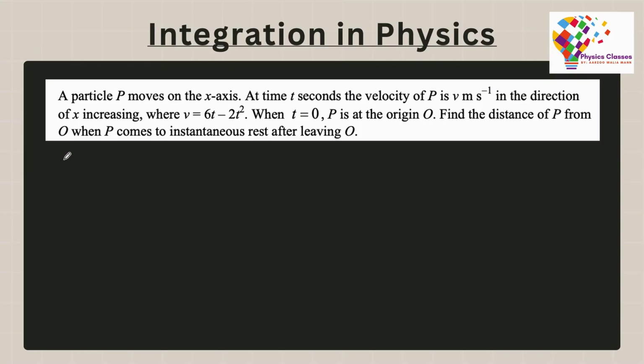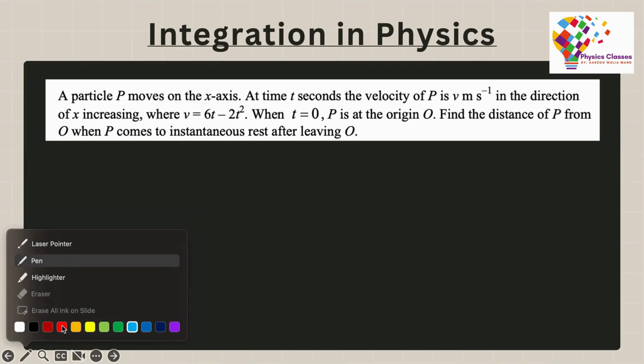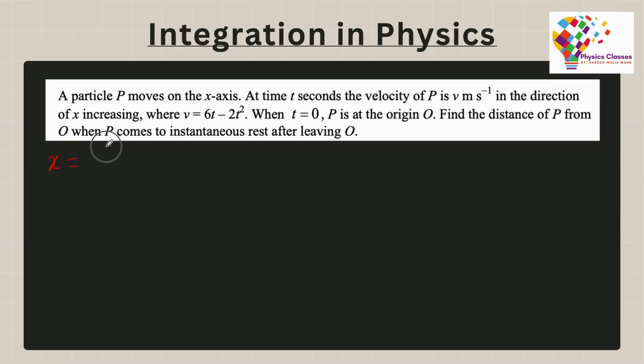Find the distance of P from O when P comes to instantaneous rest after leaving O. If I want to find the position function, I have to integrate the velocity function with respect to time. v is given by 60 minus 2t square dt. So I get x as 60t, and the integration of 2t square is 2t cube by 3. So my position function comes out to be 60t minus 2t cube by 3.